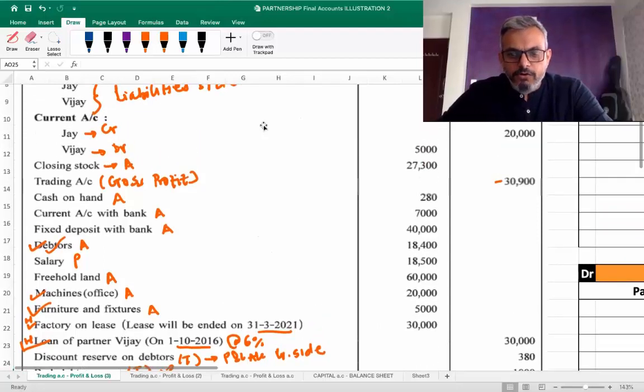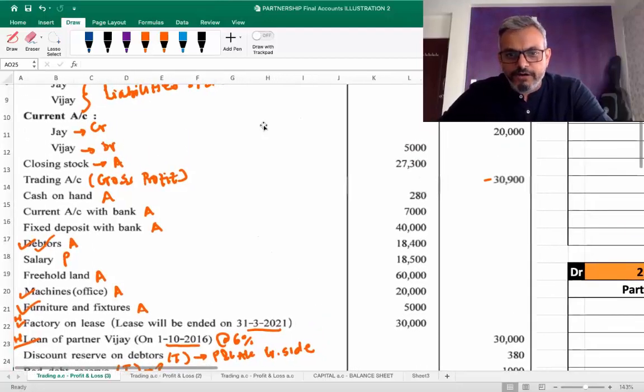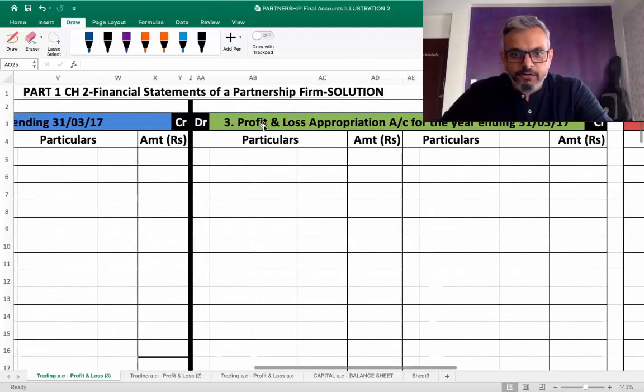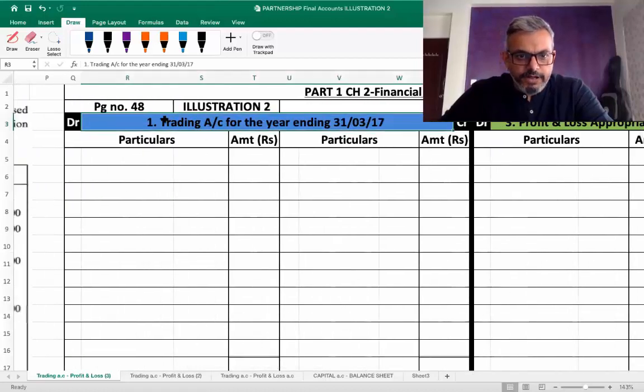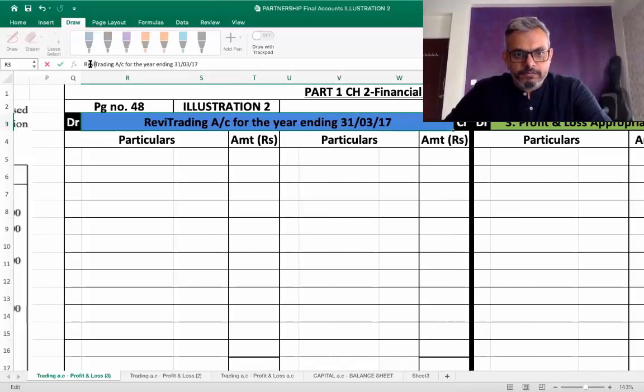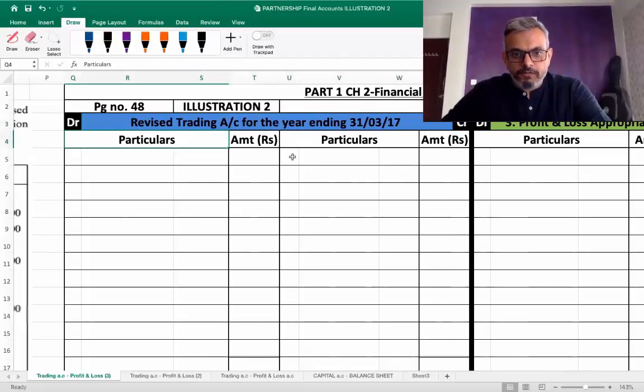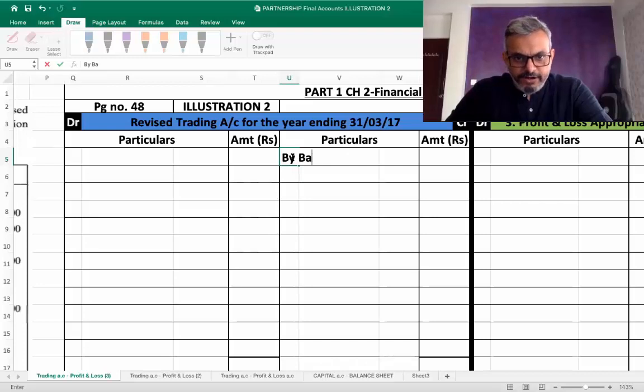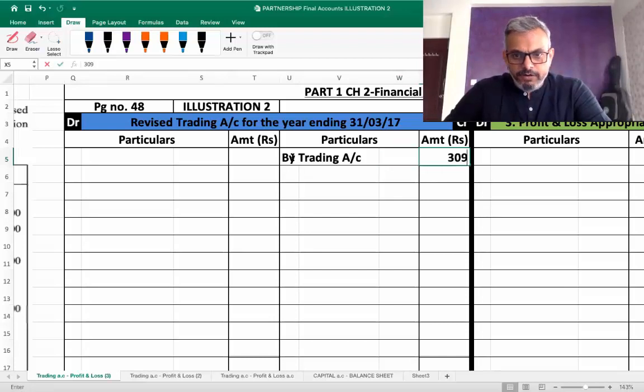Now trading account, we already have gross profit 30,900. So you give the name to the trading account as revised trading account. So by balance brought forward, or you can also write by trading account, 30,900.